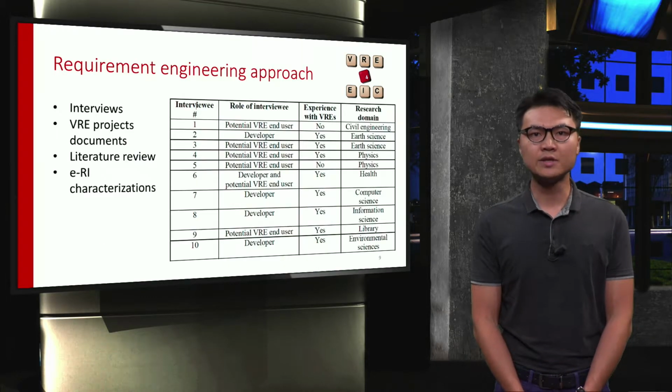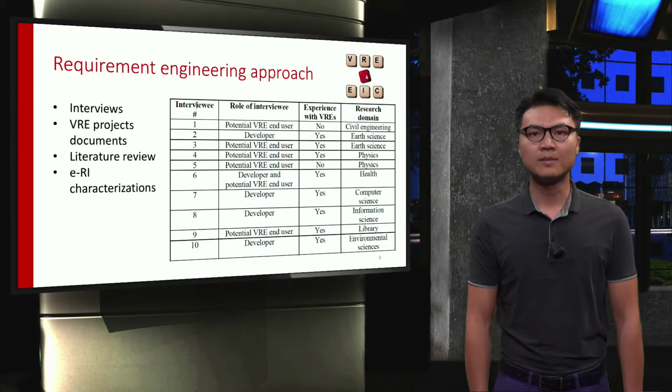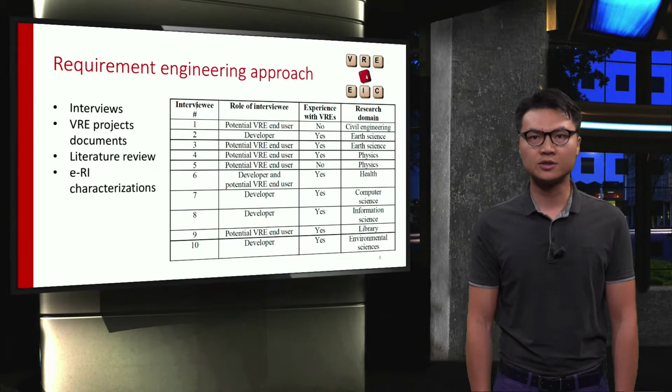We used semi-structured interviews, publicly available documentation of existing VRE research projects, and characterization of VRE to identify user needs. Ten interviews have been conducted with VRE developers and potential VRE end users. Eight VRE projects have been investigated.